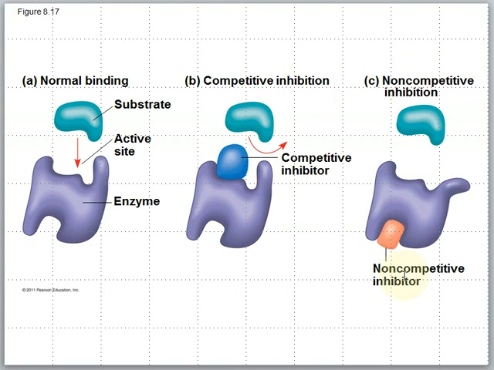Non-competitive inhibition means that the inhibitor has attached somewhere else, not at the active site, and that has changed the shape or the location of the active site. See how it's not exactly the same as it was? And now that makes it so that it's not as good for completing that reaction. Either the substrate can no longer bind there, or it can, but it doesn't happen as often or as quickly.